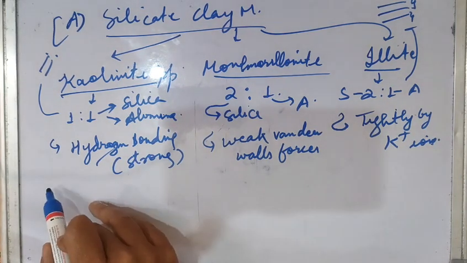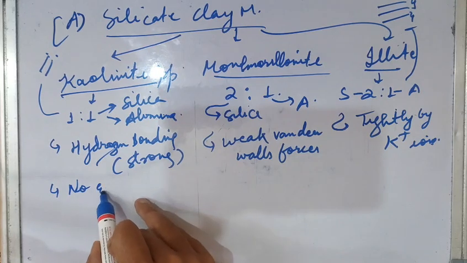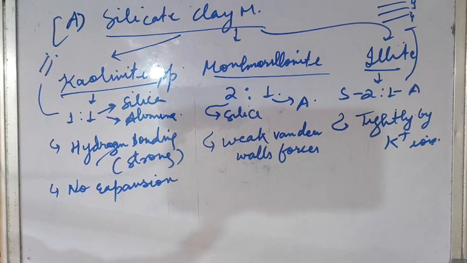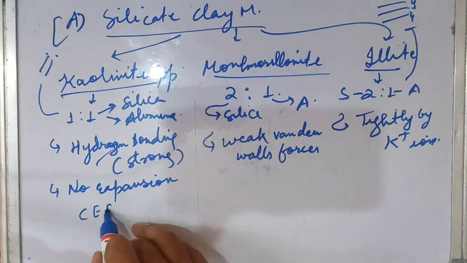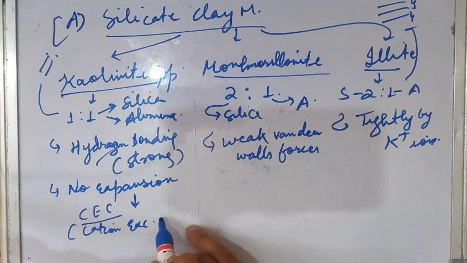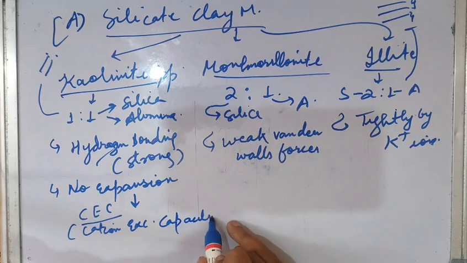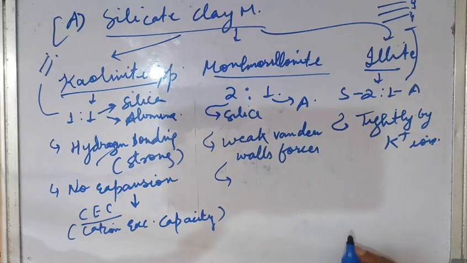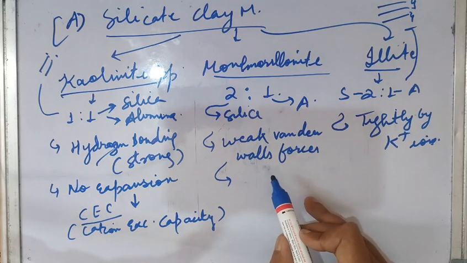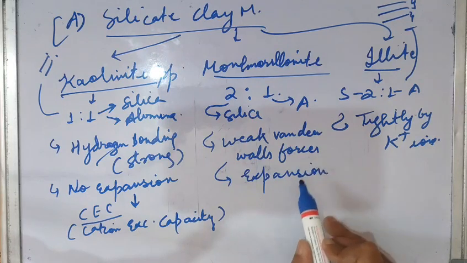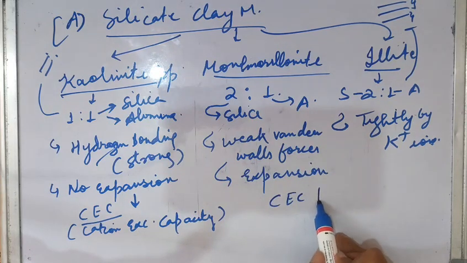In kaolinite we have got no expansion and CEC is less. What is CEC? Cation exchange capacity. Low CEC, no expansion. In montmorillonite we have got expansion and the CEC is high.